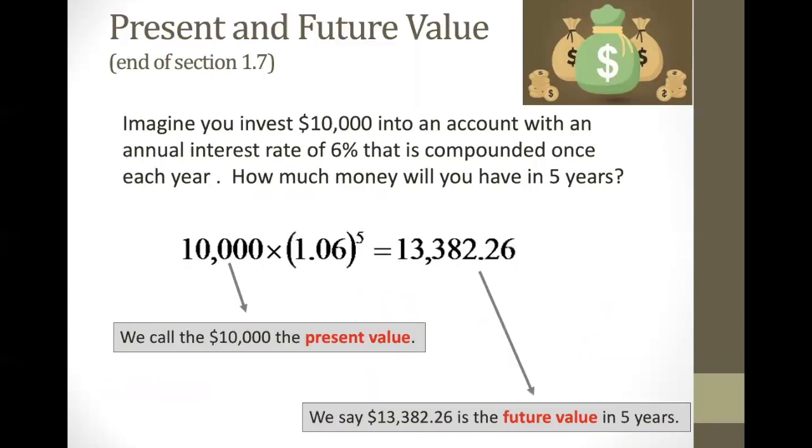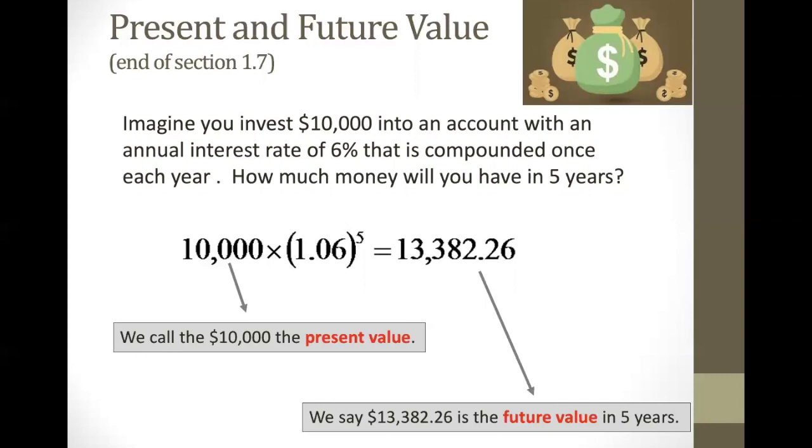Okay, so some terminology with that example. That initial investment that we put into the account, that's called the present value. And the $13,382.26 that you'll have in 5 years is called the future value of that investment in 5 years. So in practical terms, these two values are the same.